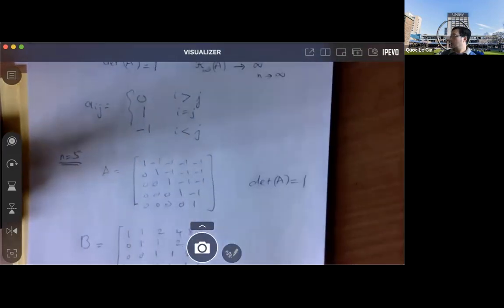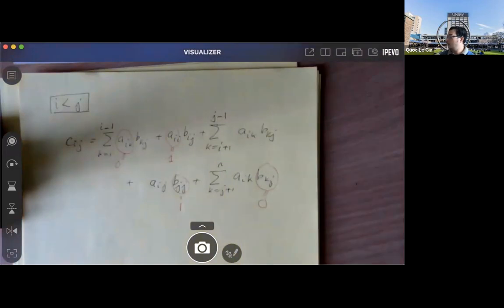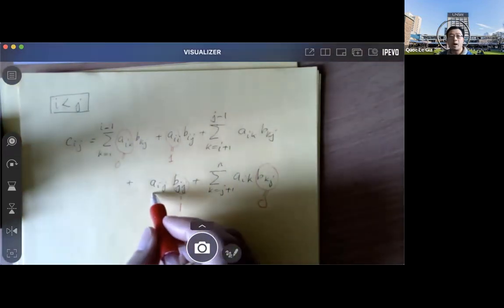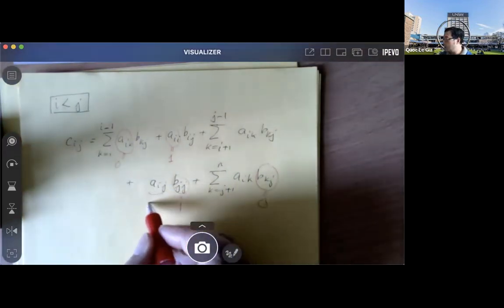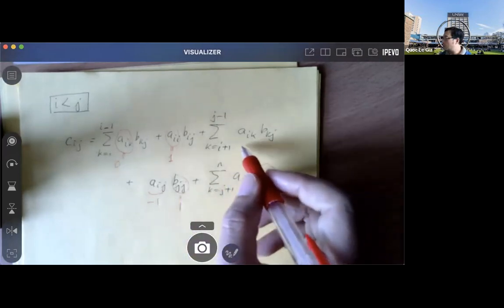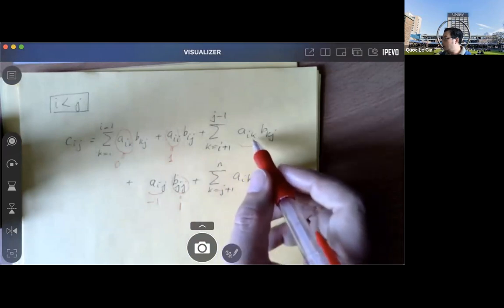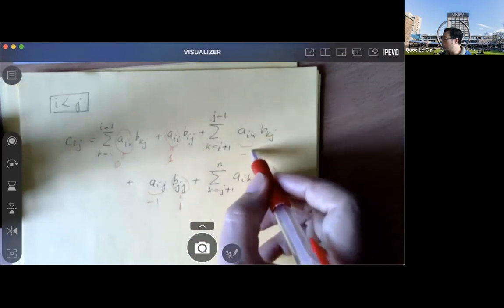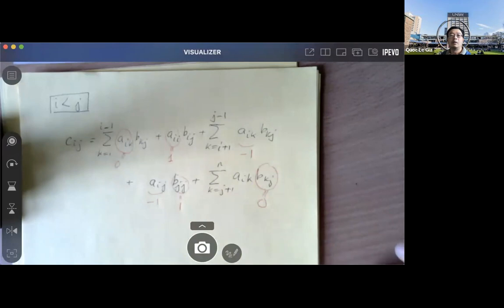So in this case, i is less than j, so this one equals minus 1. And this one as well, a_ik: i and k, k is bigger than i, so the row is less than the column, so this one equals minus 1 as well. Now we are left with b_ij, so I'm going to put it in.